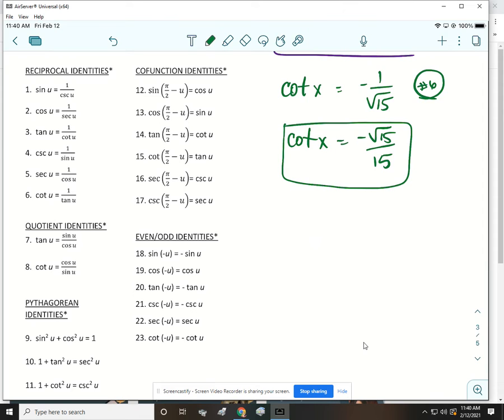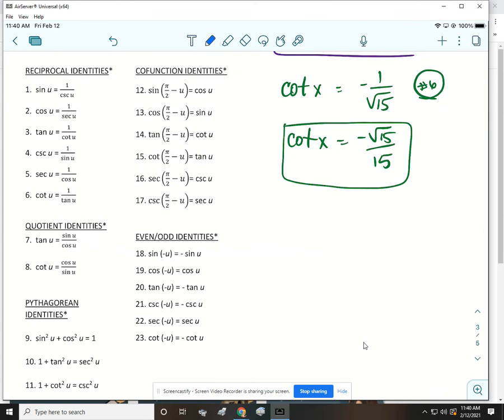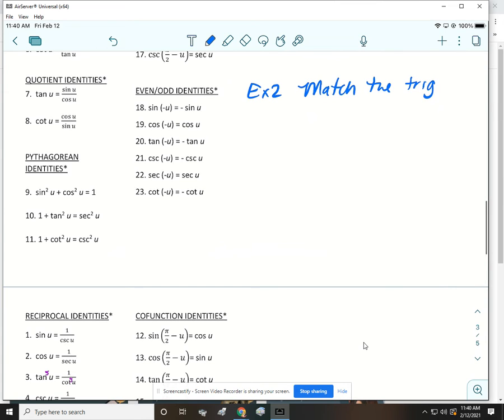Okay, so that's one thing we'll do with the identities is just find missing trig values. The other thing we're going to do is simplify down. So use them to simplify. That's like the main thing we're going to do actually. So for example 2, we're going to match the trigonometric expression with one of the following.